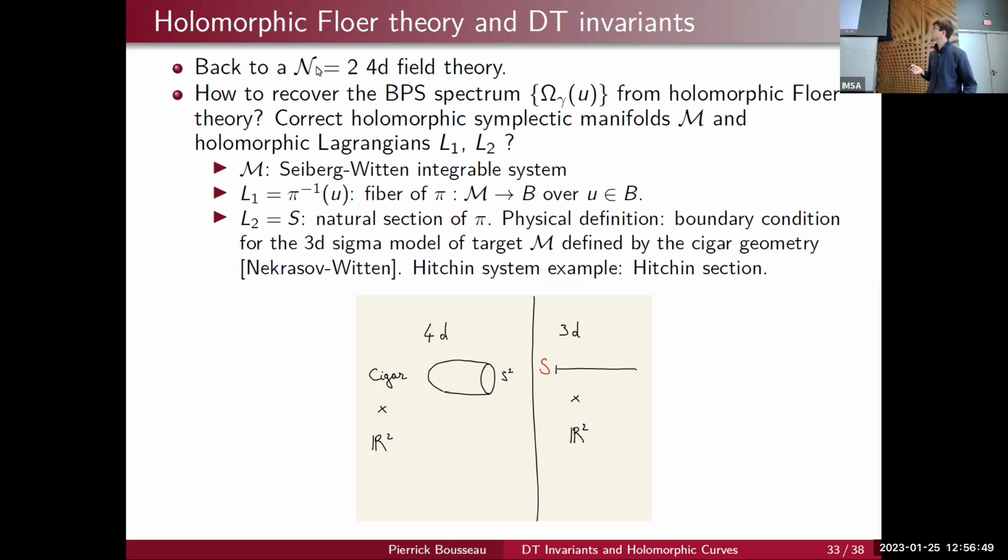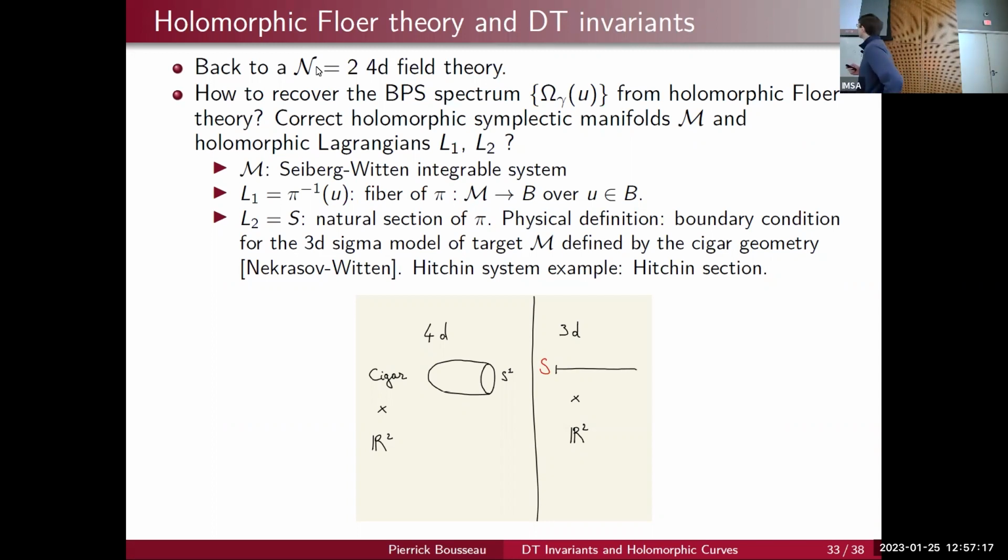And the two Lagrangians are quite natural. I take for L1 a fiber of the integrable system, which is quite natural because everything in our story depends on the point in the base, which is either the stability parameter on the DT side or the fiber on the holomorphic curve side. So I just take this fiber, which is a nice holomorphic Lagrangian. And as the other holomorphic Lagrangian, I just take a section.